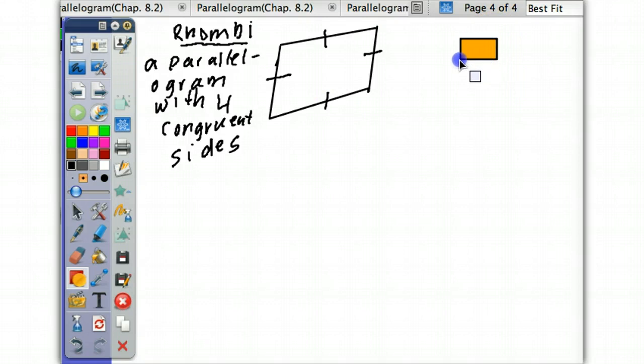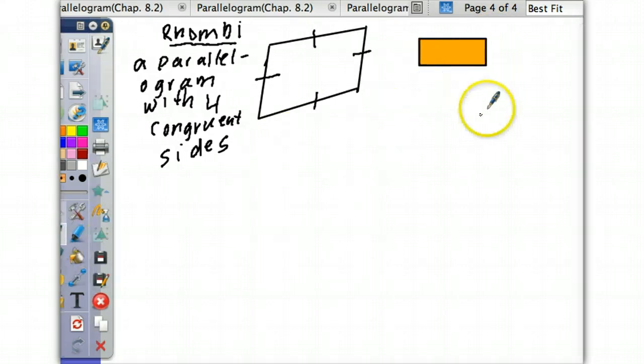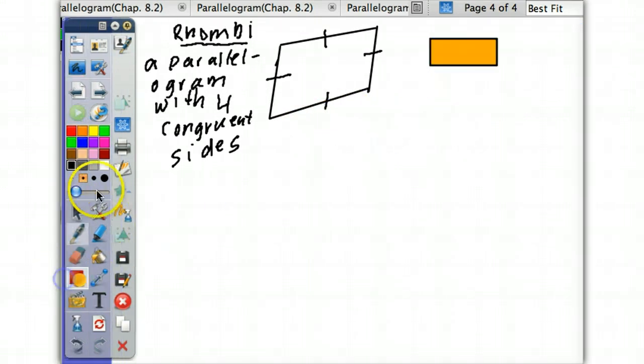Thank you. It's a rectangle. Anyway, do I have another one? Let's see if we can get one. Yeah, that's better. I'll mention rectangles also.